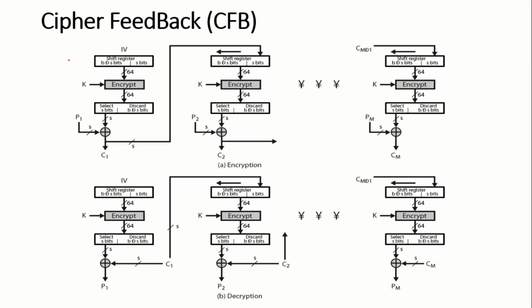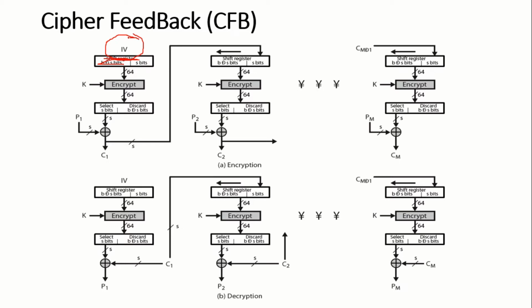So in this CFB we make use of shift registers. The very first thing we have is this initialization vector. If you do not consider it as a shift register as of now, I'll tell you later the purpose of taking this shift register over here.